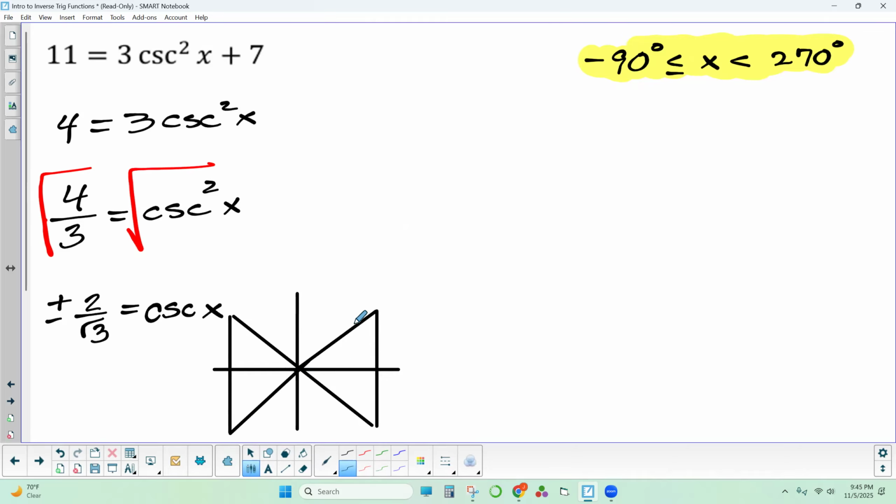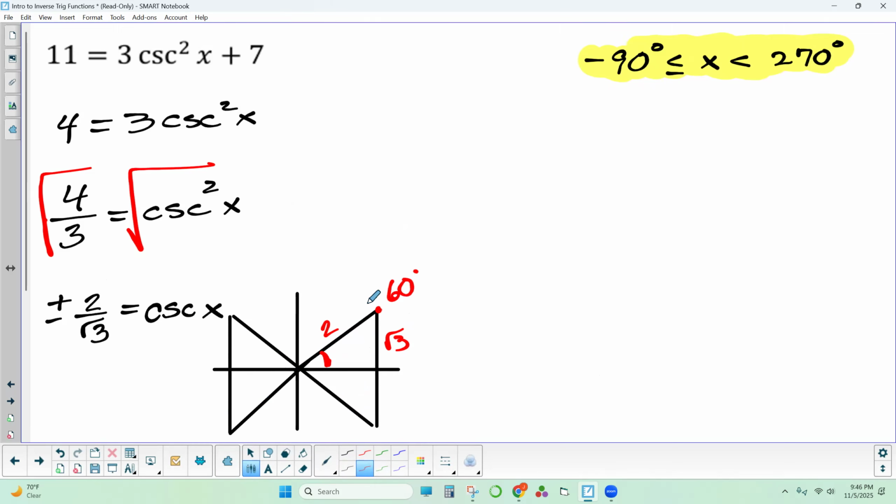Cosecant is positive in 1 and 2, negative in 3 and 4, and we've got r over y. So we really just need to look at one of these because we have symmetry here. Our reference angles will be the same, and that is going to be a 60. So that is 60 degrees.